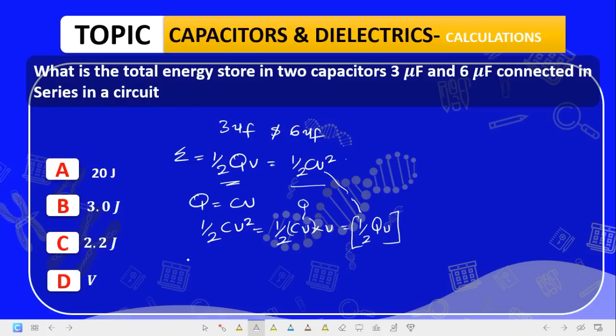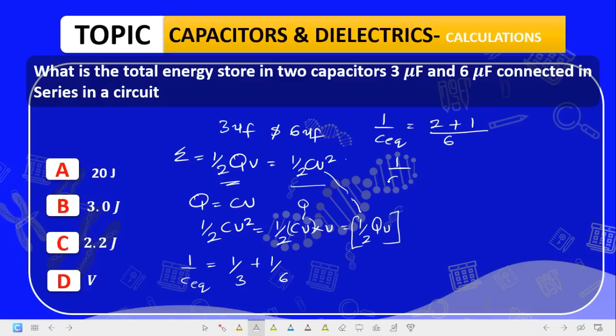Now, if they are connected in series, it means 1 over CEQ will be equal to 1 over 3 plus 1 over 6, to find the equivalent capacitance. Now, what's the LCM of 3 and 6? Of course, it is 6. So 1 over CEQ is equal to 6 divided by 3 is 2, times 1 is 2, plus 6 divided by 6 is 1, times 1 is 1.